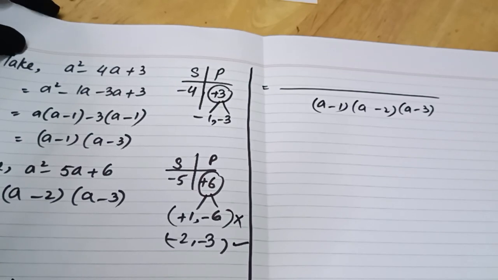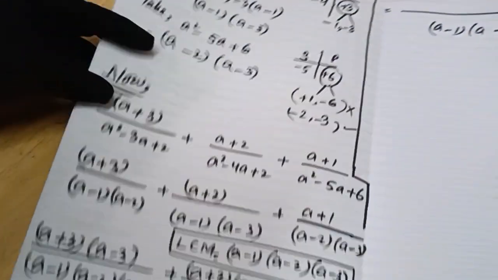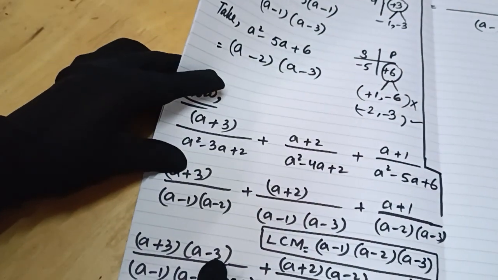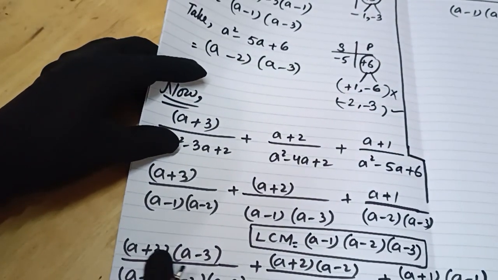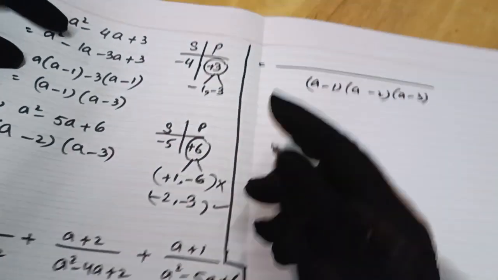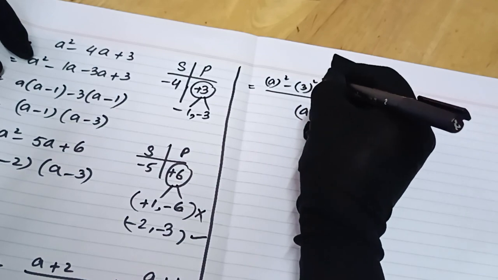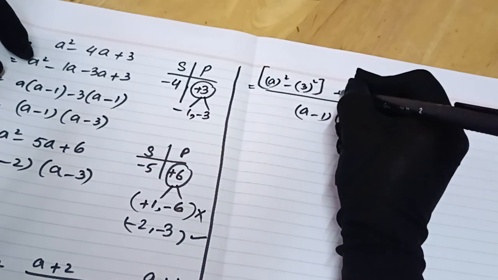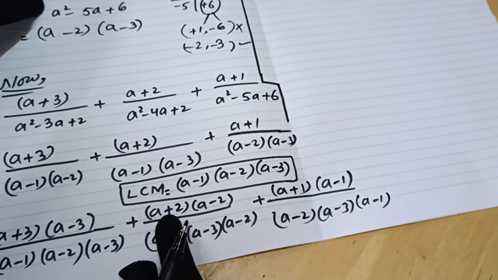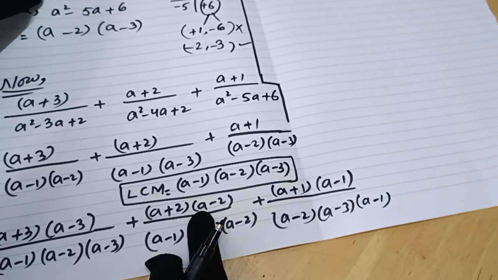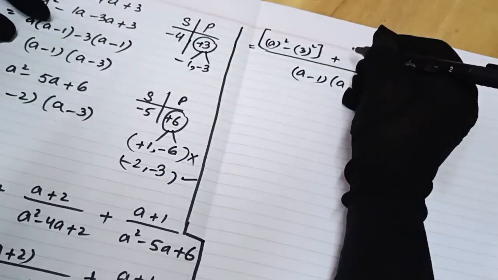If you look properly, a plus 3 and a minus 3 make the identity a square minus b square. So we write a square minus 3 square, in brackets, plus the second one also in brackets, a square minus 2 square. The identity is completed. If you don't know the identity, multiply in the simple form.